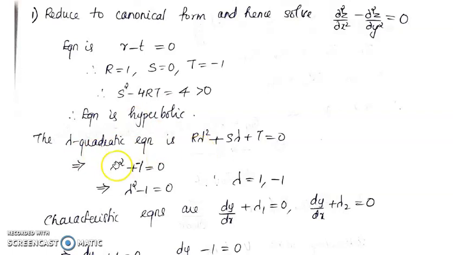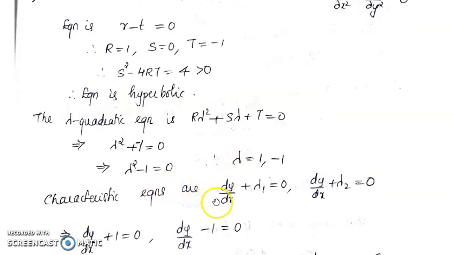First of all, solve the quadratic equation, r lambda square plus s lambda plus t equal to 0. Substituting r, s, t, you will get lambda square minus 1 equal to 0. So the roots will be 1 and minus 1. The characteristic equations are dy by dx plus lambda 1 equal to 0 and dy by dx plus lambda 2 equal to 0.